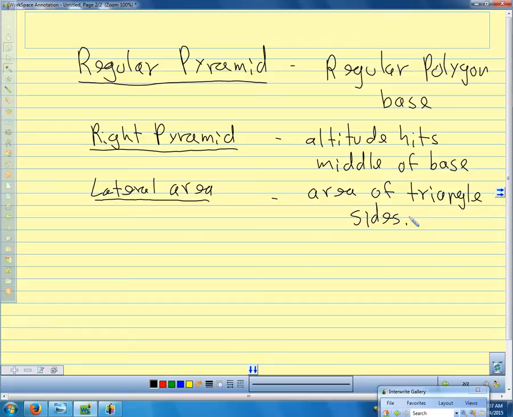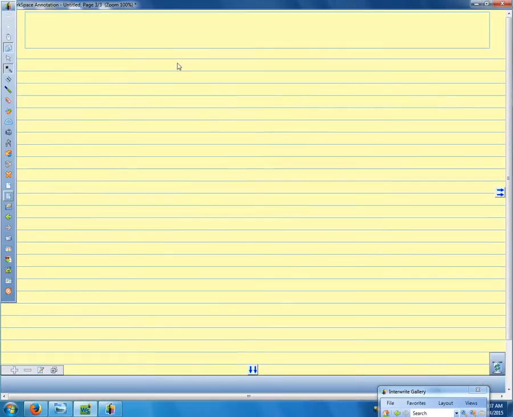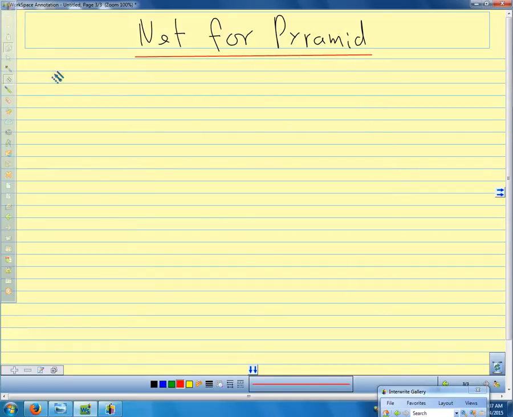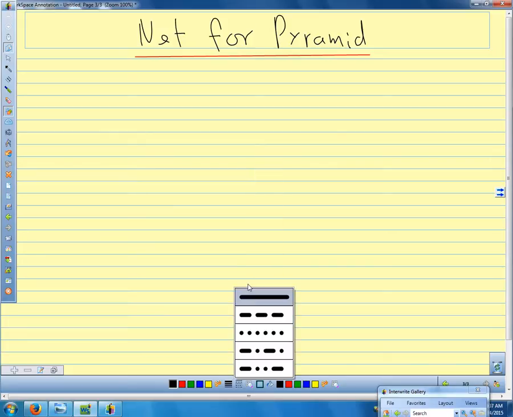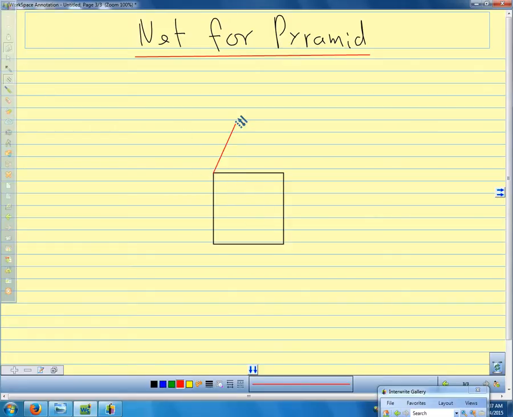All right, so what I want to do is draw a net for a square pyramid to talk about where the formula comes from, kind of like we did for prisms. So here's my base, and my sides, my lateral faces, are all triangles.